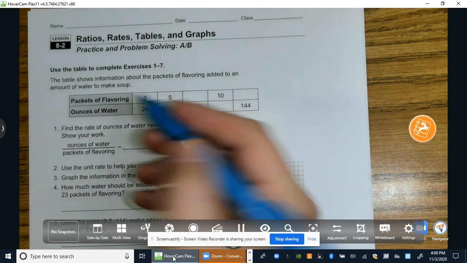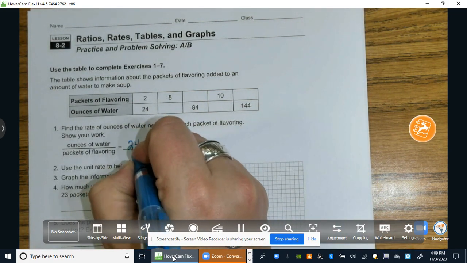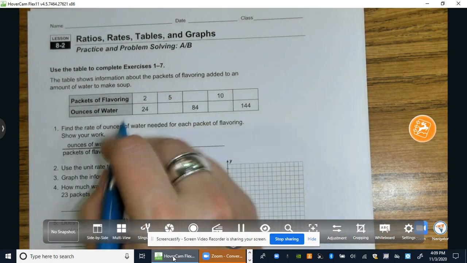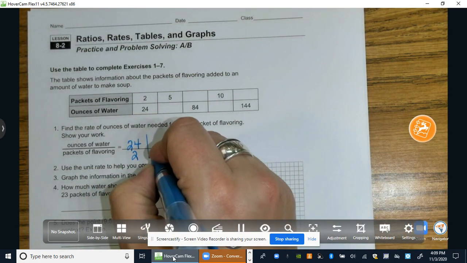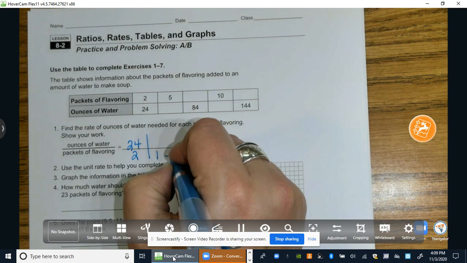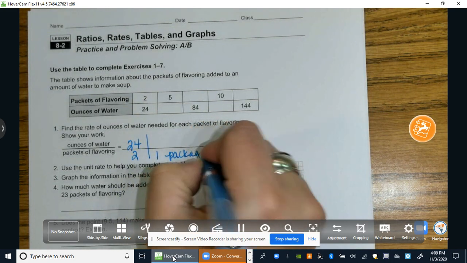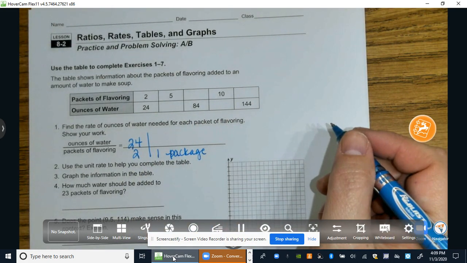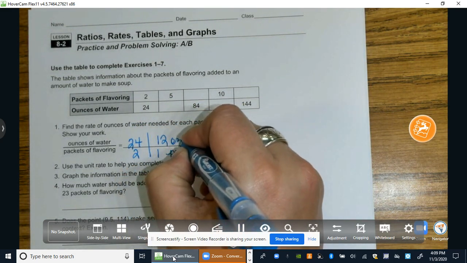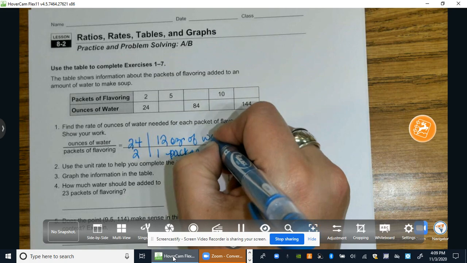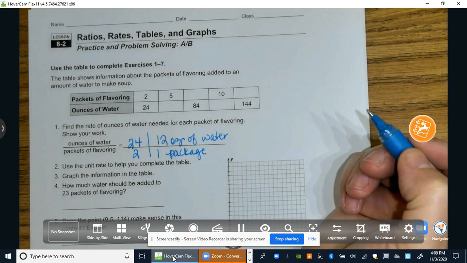So I know that I have 24 ounces of water for 2 packages. Well, if I want to find the unit rate, I need to find 1 package. I would divide that by 2. 24 divided by 2 gives me 12. So it's 12 ounces of water per package.